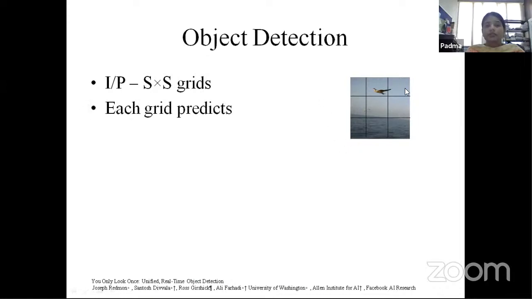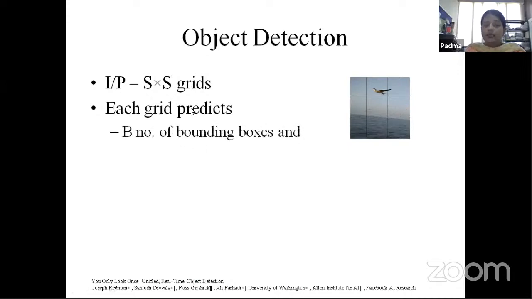Once you break the input image into grids, each grid should produce a result. Let me call this the first grid, this one the second grid, this one the third grid, and so on till 9 grids.